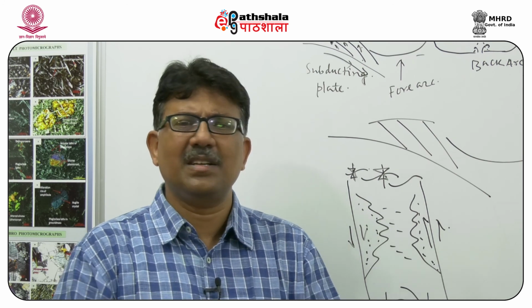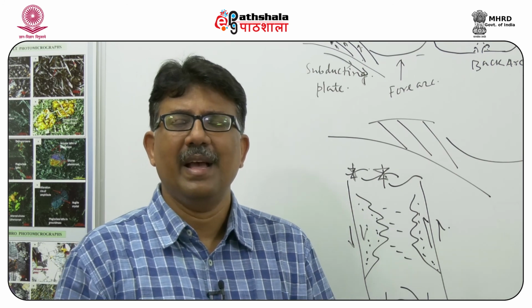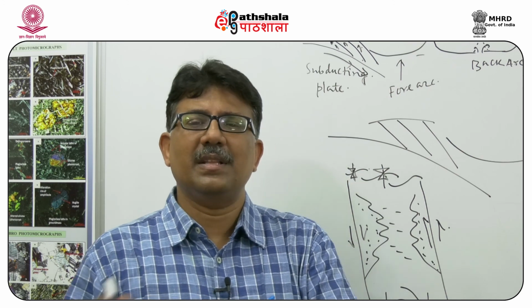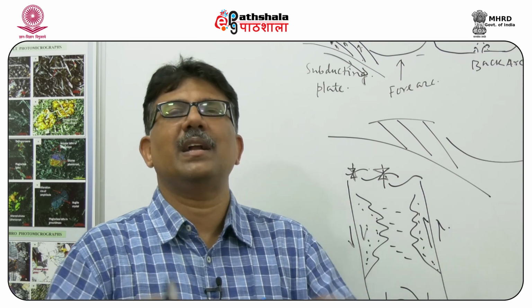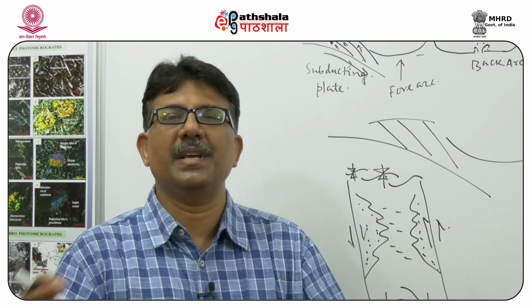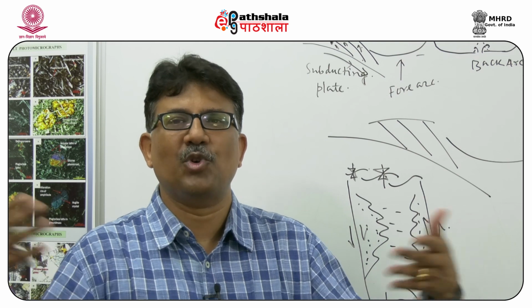We also discussed the different kinds of maps that we prepare, and how those maps help: the isopach map, isolith map, the paleofacies map, the ratio map, the worm's eye view map. All these maps help us to know how the basin filling history has gone in the space time domain.